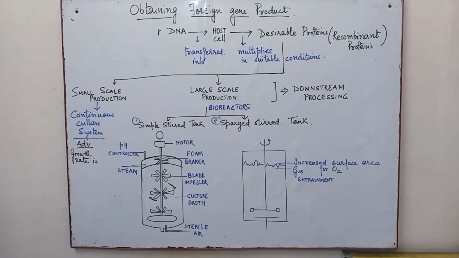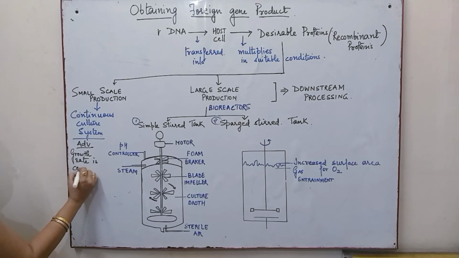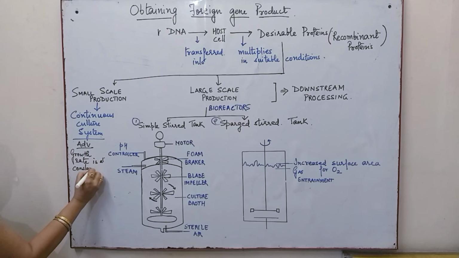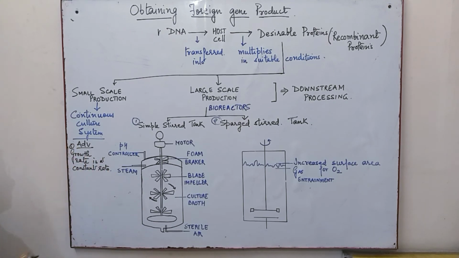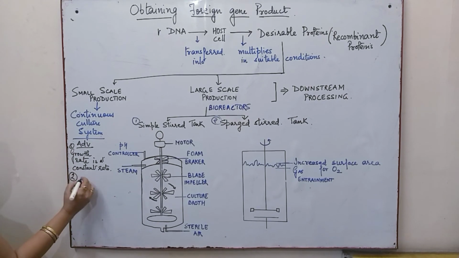Growth rate is at a constant rate. Then another important advantage is it is useful for production of primary metabolites.